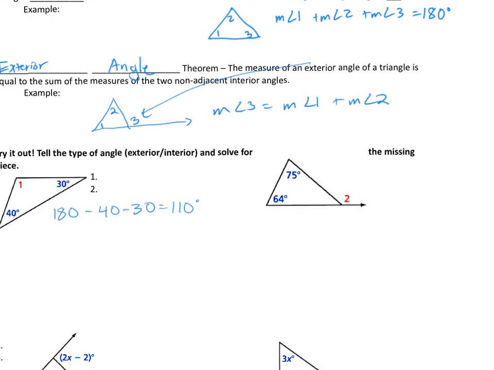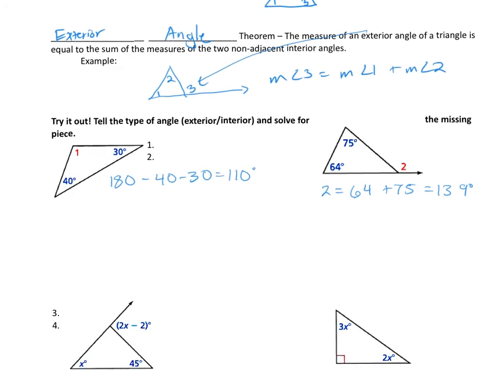Here, angle 2, remember the measure of the exterior angle must equal the sum of the two interior angles that are not touching it, the non-adjacent. So here, 2 then must equal 64 degrees plus 75 degrees, which will give me 139 degrees.